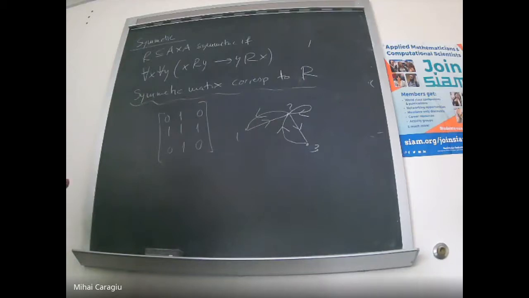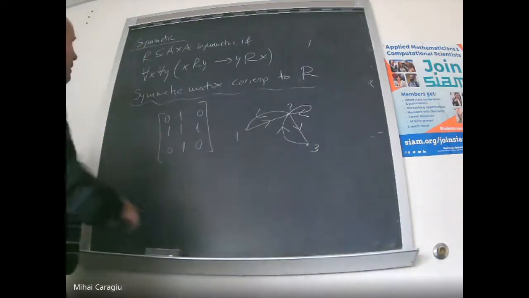So this being said, let's try to use the concept of symmetric matrix. Every symmetric relation has a symmetric 0-1 matrix associated to it, to count the total number of symmetric relations on a set with n elements.